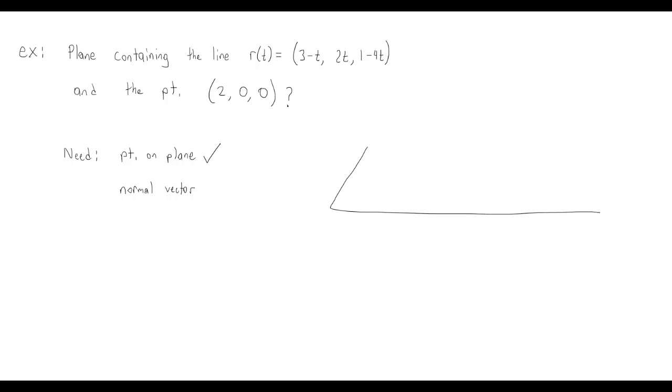So I'm going to draw a picture. Here's our plane that we are looking for. There is a line on the plane right now, so let's pretend that's the line on the plane. And then we also have a point on the plane. Let's suppose that point is out here.